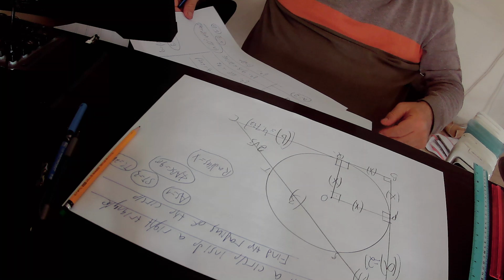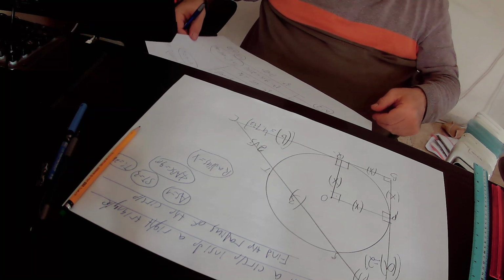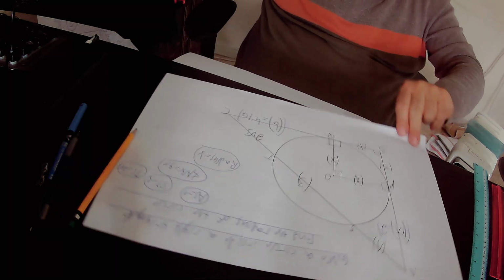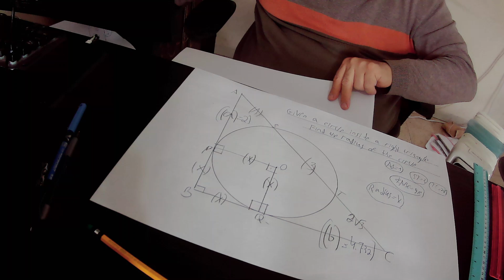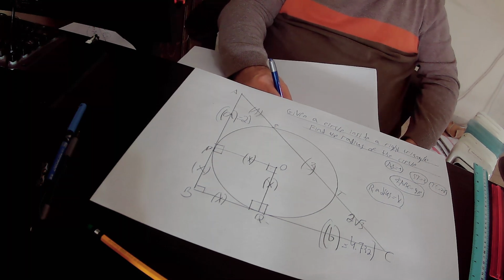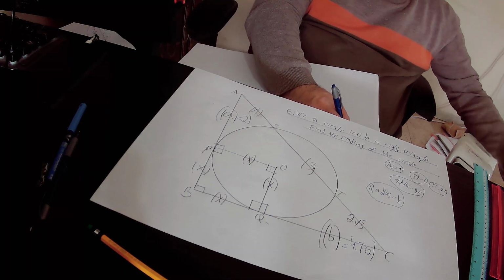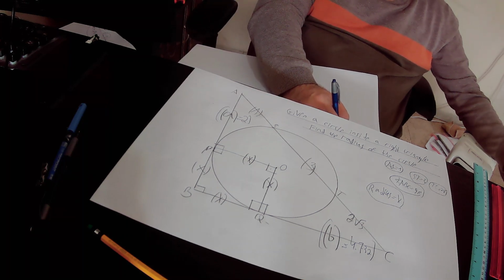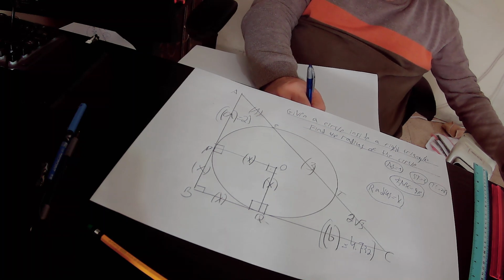In the next step, we implement the Pythagoras theorem on this big right triangle, triangle ABC. Here, PT is the abbreviation for Pythagoras theorem.